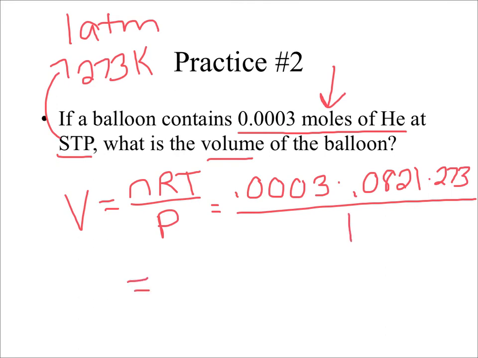So to solve for volume here, 0.0003 times 0.0821 times 273 equals 0.0067, and our unit of volume is always liters. So if you think about it, if I change that to milliliters by moving my decimal point 3 places, this is a 6.7 milliliter balloon. Tiny little balloon for a mouse.